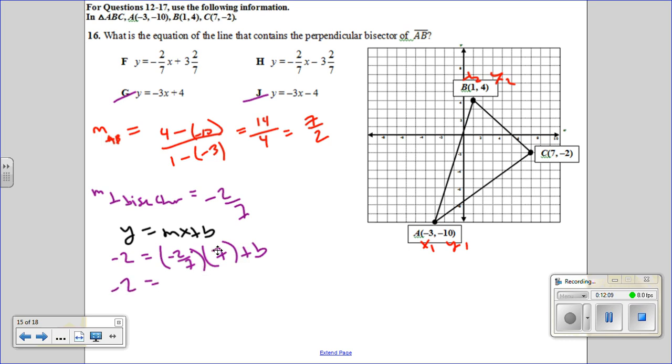Negative 2 is equal to negative 2 over 7 times 7, which is negative 2, plus b. And then if I add 2 to both sides, I would get my intercept is 0. So that's not our answer choice.